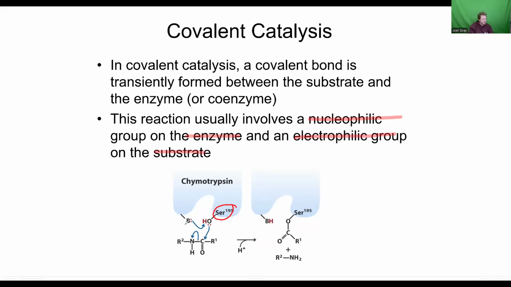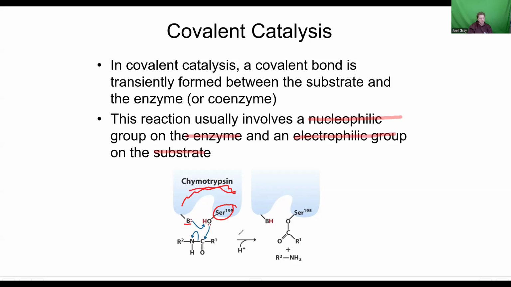And then right here, here's our chymotrypsin with this kind of amorphous shading. There's an amino acid represented by the single letter B. That's not a single letter code, but instead that single letter represents base. So there is a base. And what that base does is it abstracts or extracts, not sure what the right word is there.